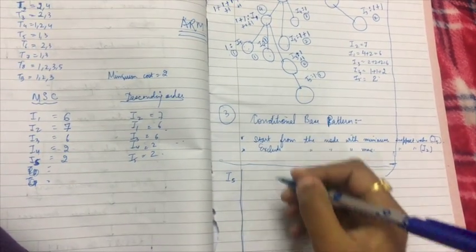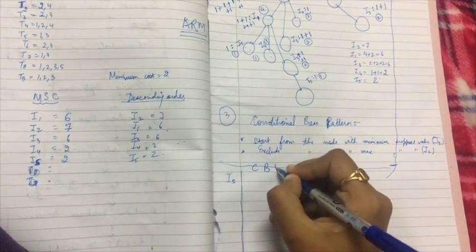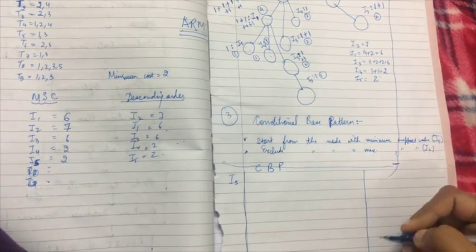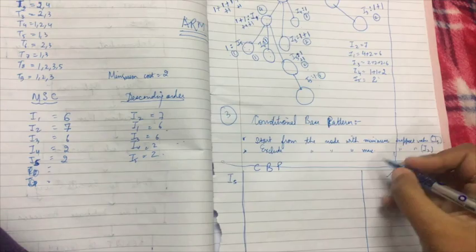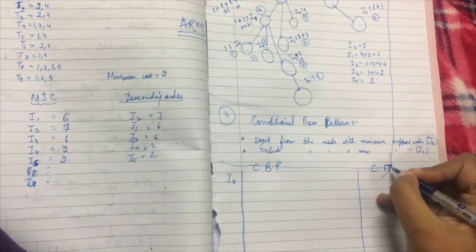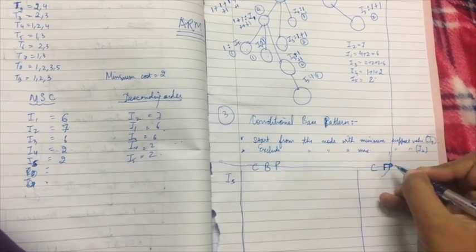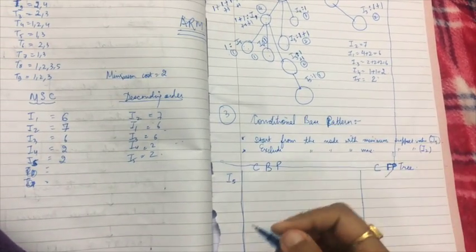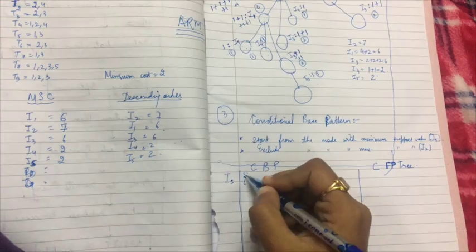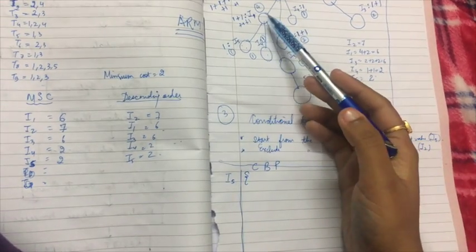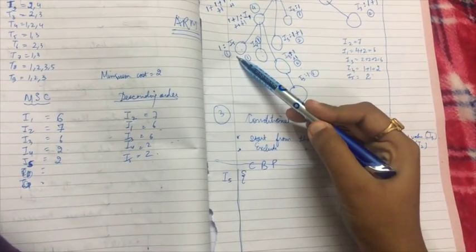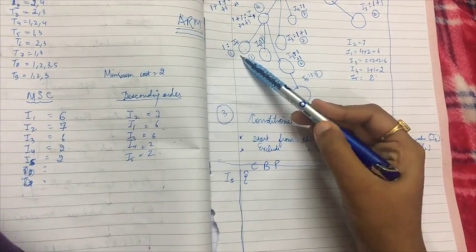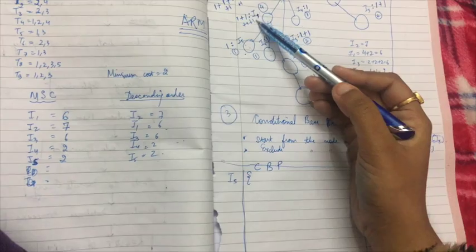Then this is the conditional base pattern, and here I will write down the conditional FP tree. So for I5, I can reach I5 from I2, I1.